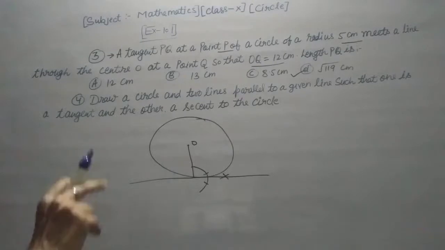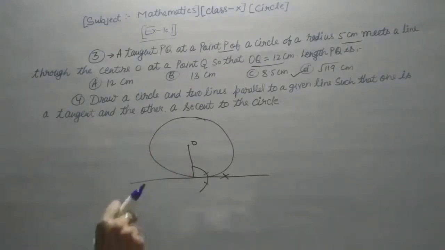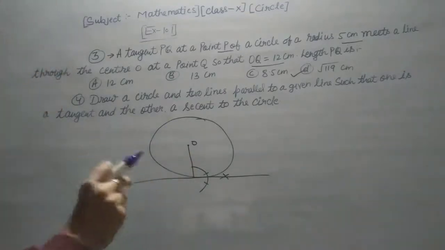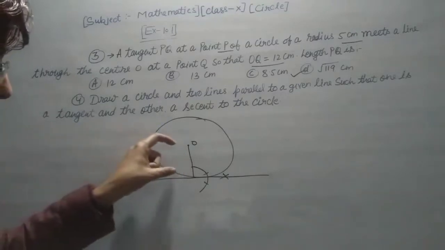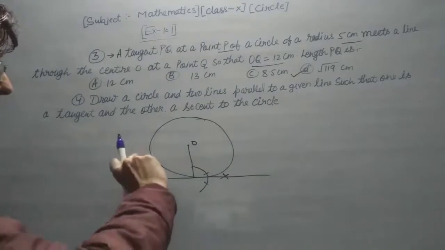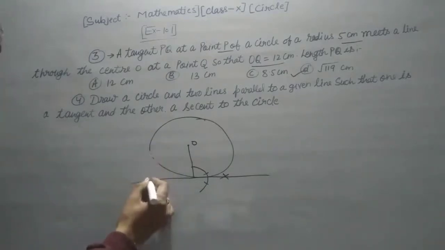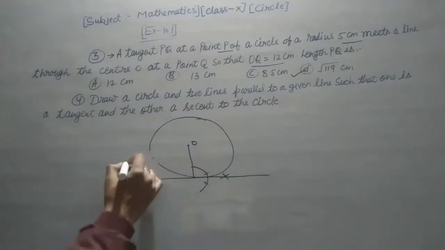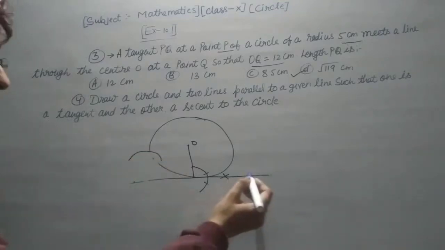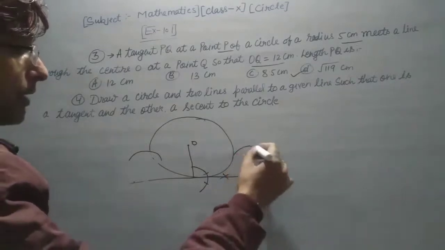You have to fill any distance, equal to this radius or less than this radius. Mark an arc here just like that. With the help of this point you have to mark an arc just like that, and with the help of this point you have to mark an arc just like that.